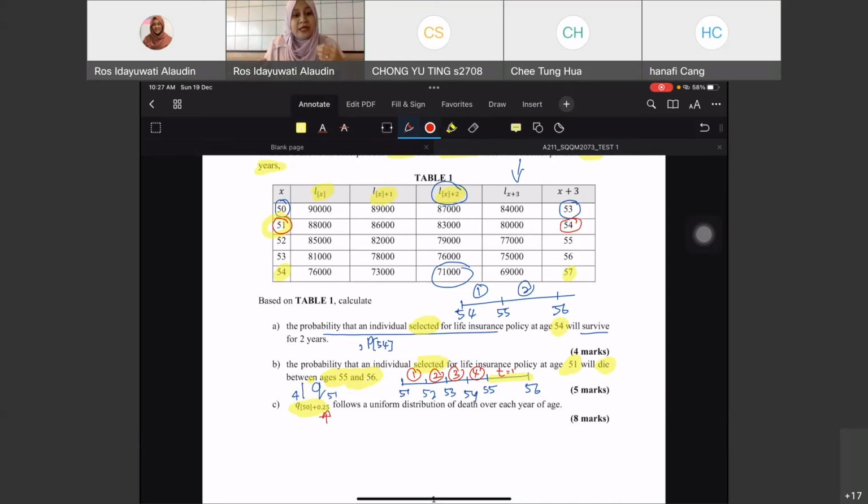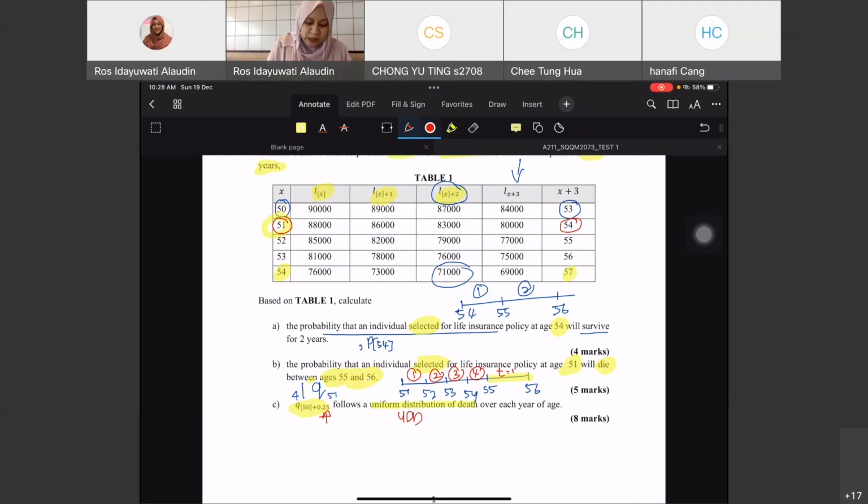We don't have the age of 50.1 or 50.25. So we need to use an assumption to solve this problem. We have 3 assumptions: UDD, constant force, and the last one, Balducci. But for this question, we have to use the uniform distribution of death, or UDD, to solve this problem. So you have to use the UDD assumption to solve for C.